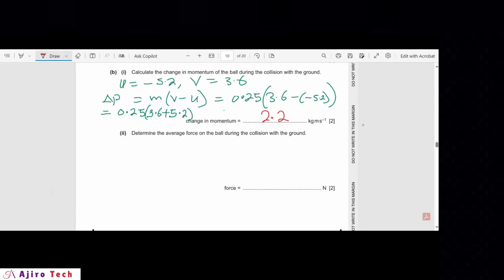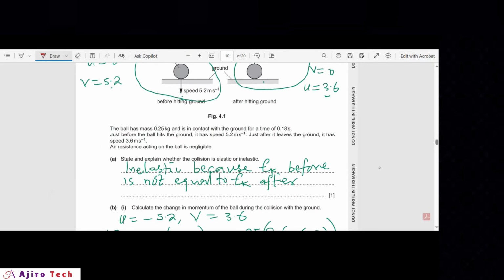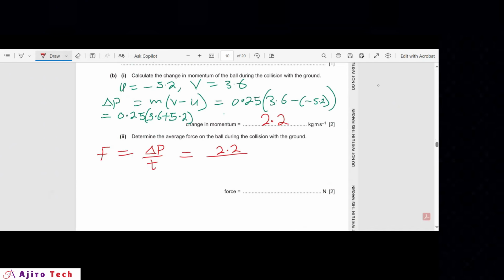Now moving up from it, we are looking for average force. Force is change in momentum over time. So 2.2 over the time, which is 0.18.